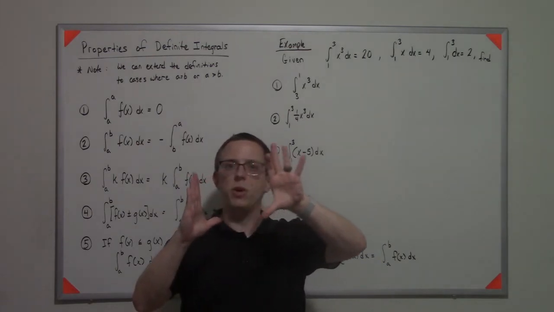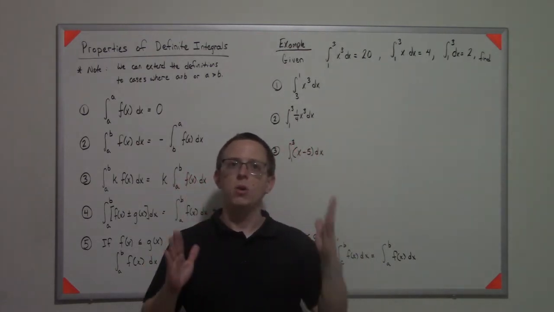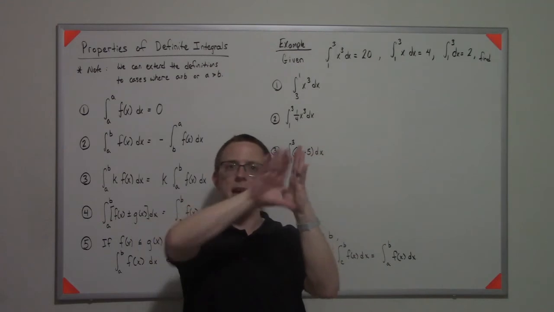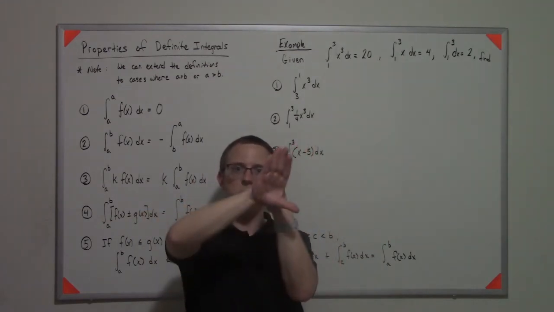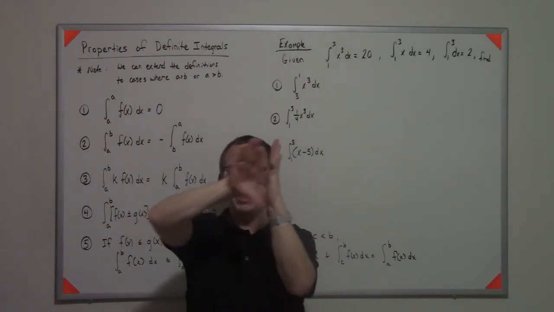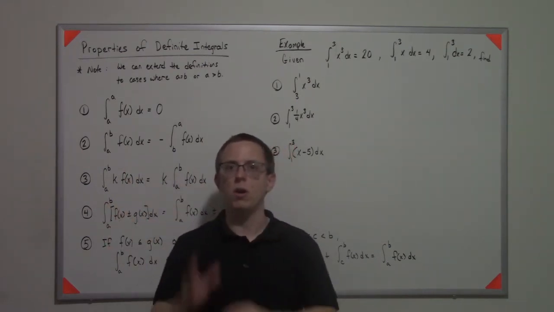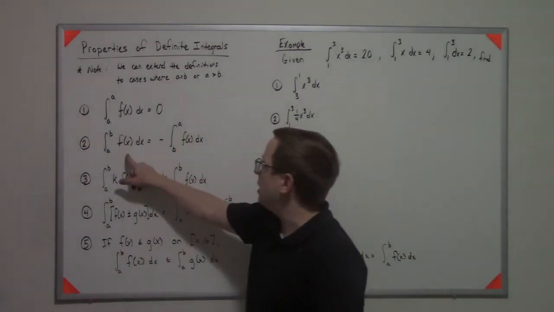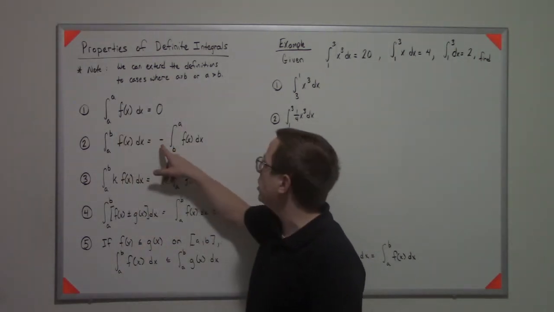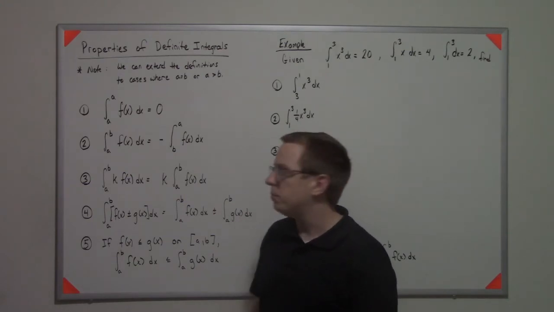I'm gathering interest as I go from a to b. If I started at b and went back to a, I'd be losing interest. So it'd be negative relative to where I start versus positive. That's the idea: if you flip the limits of integration, you induce a negative.